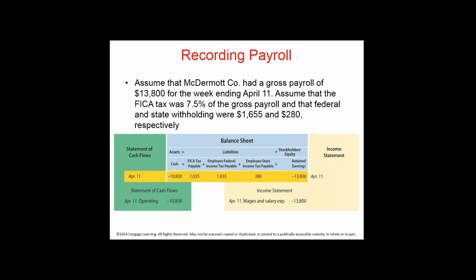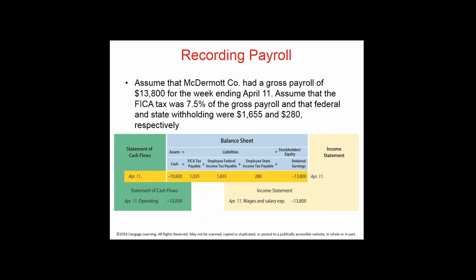But the cash we're paying out, the paychecks we're writing, is only $10,830 because of the items that we deduct. Now, a company does not get to deduct those items and keep them. They deduct those taxes or union dues or many other things, and then pay those amounts on to some other agency. Did you hear that?